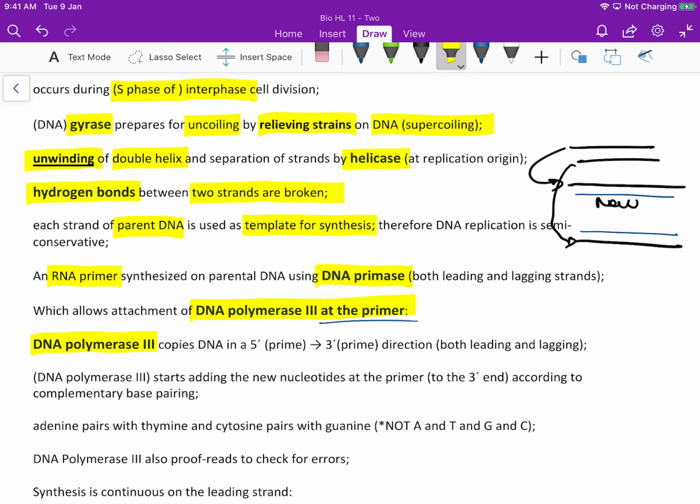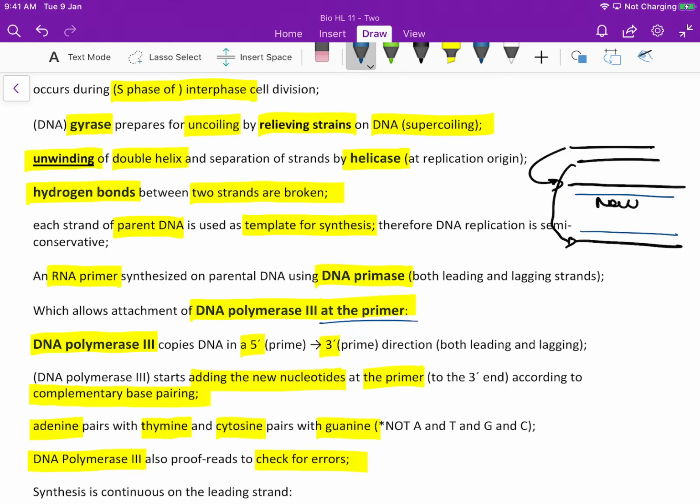DNA polymerase 3 then copied in a 5' to 3' direction on both the leading and the lagging strands. And it does that by adding in new nucleotides at the primer, at the 3' end, according to complementary base pairing, where adenine would pair with thymine and cytosine would pair with guanine. It could also check for errors.